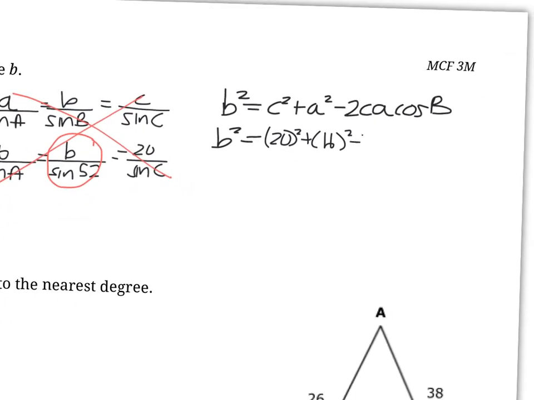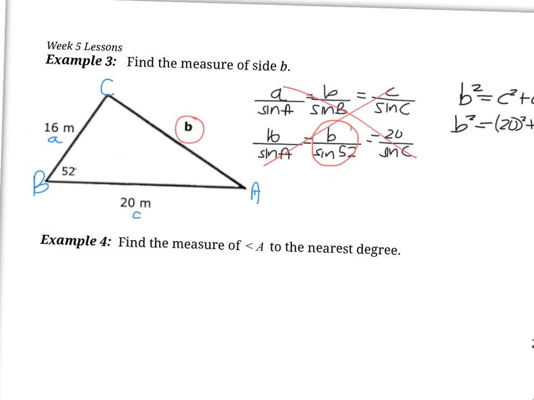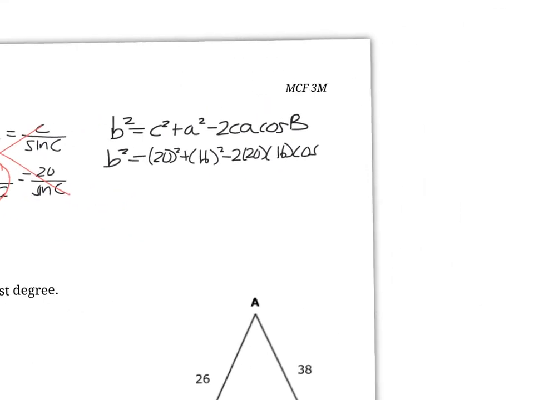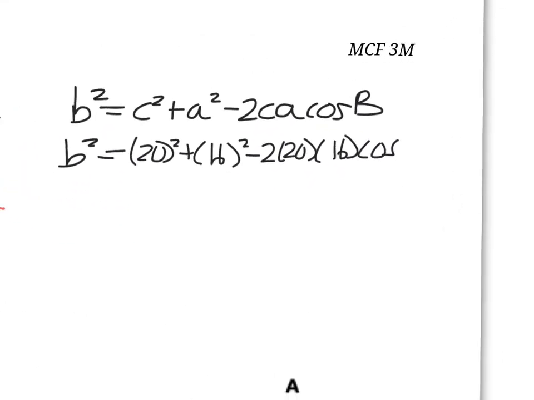This is minus 2, C is 20, A is 16, and then cos of angle B. And we know that angle B is 52 degrees. So we're going to fill that in. I know that we made the right choice using cosine law because everything is filled in here. We only have one unknown. So we can throw this entire thing in the calculator at once.